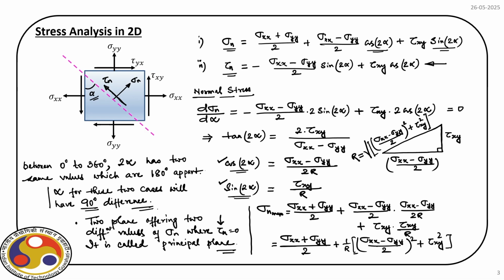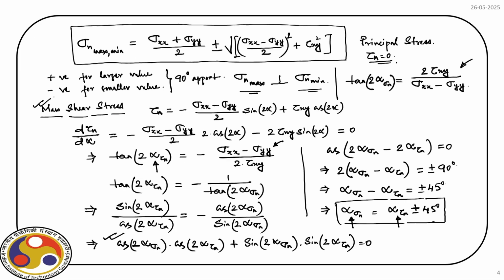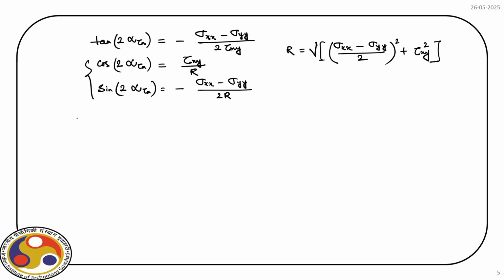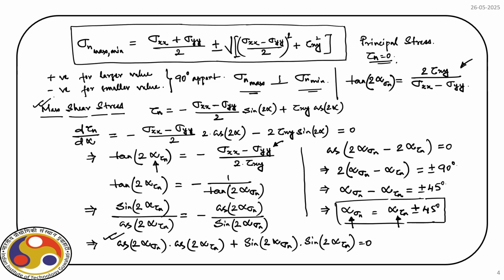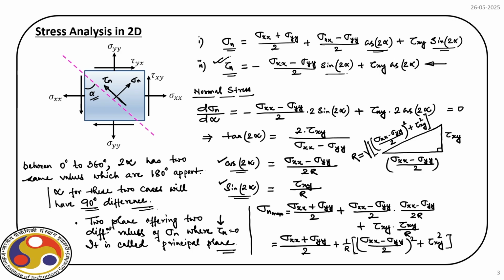What we can do, we can put that expression here in this equation, second equation for tau n, and that will give us the maximum value of shear stress. So, let us do that. What we have is tau n is equal to minus sigma xx minus sigma yy by 2 times, if you recall, this is sine of 2 alpha.